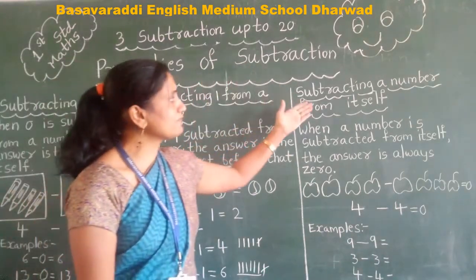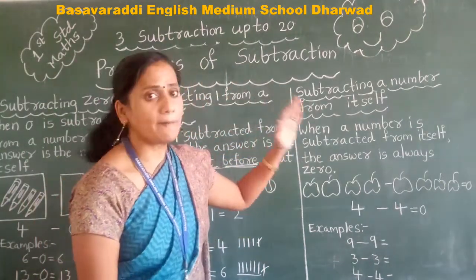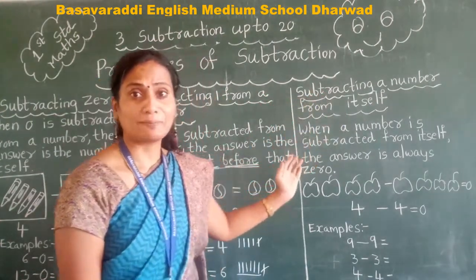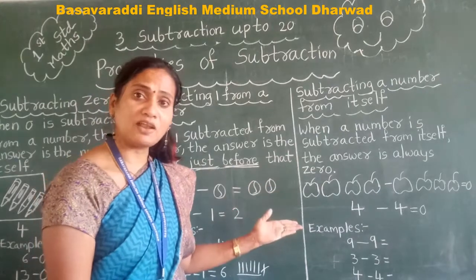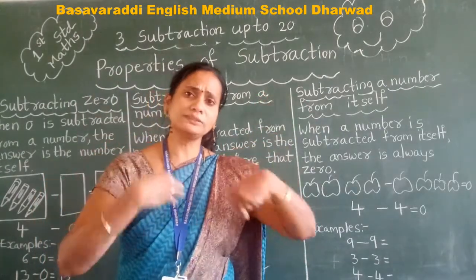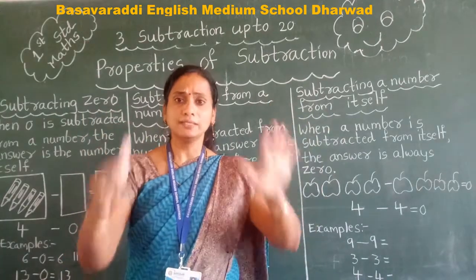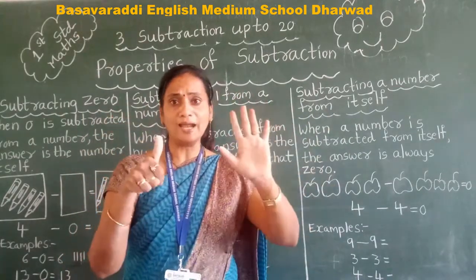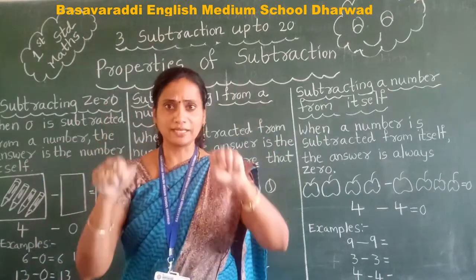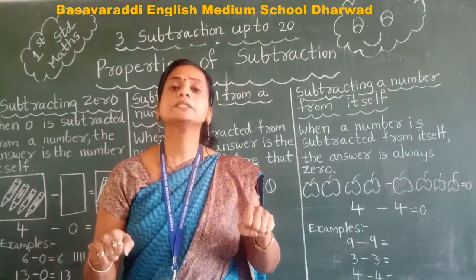Now let us move on to subtracting a number from itself. See, 6 balls are here and 6 balls are taken away. Now 6 are taken away, so the answer is 0.